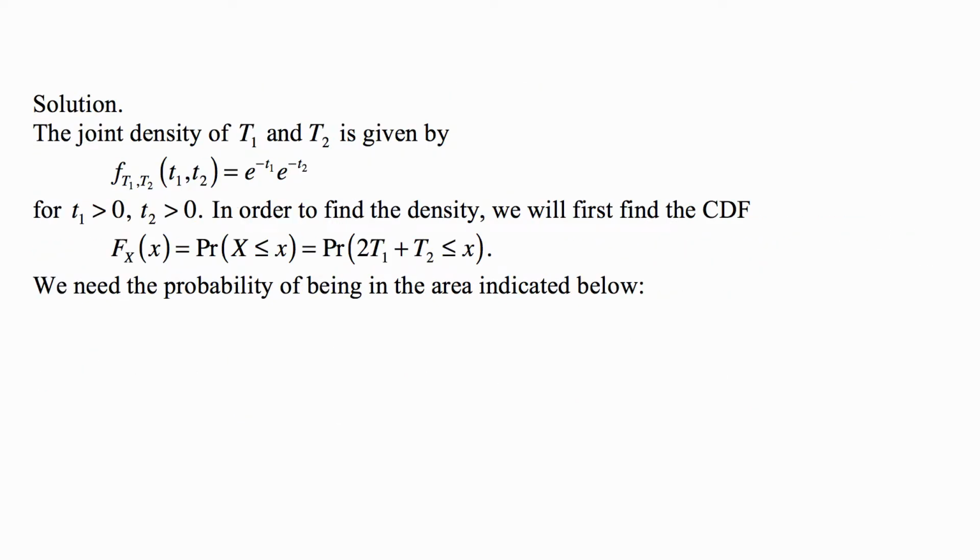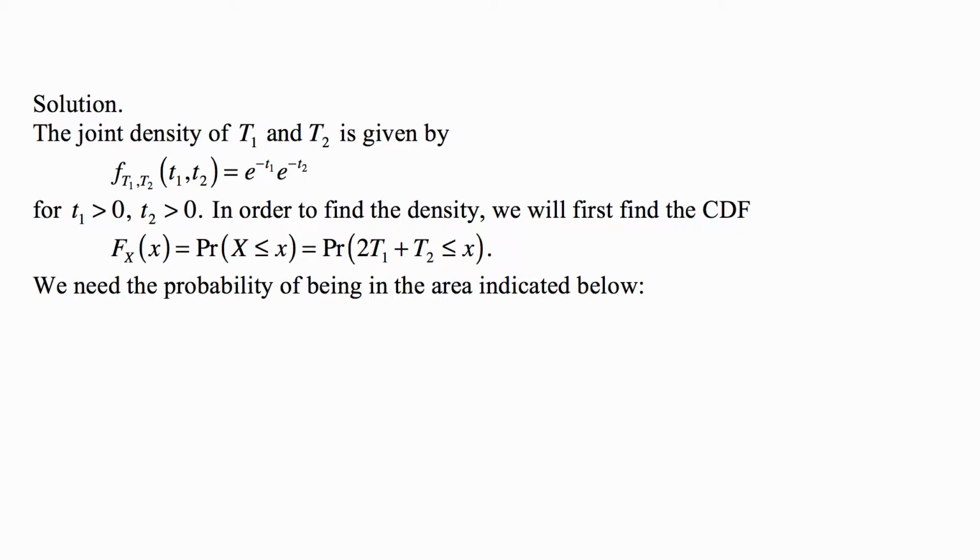In this second solution, we'll try to determine the cumulative distribution function of the random variable X, which is equal to 2T1 plus T2. The joint density of T1 and T2 is given, each one of them is e to the minus t, exponential with mean 1, so since they're independent, it's just the product of the two, which is e to the minus t1 times e to the minus t2 for t1 and t2 greater than 0.